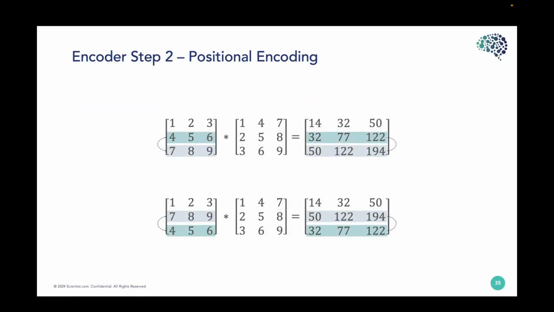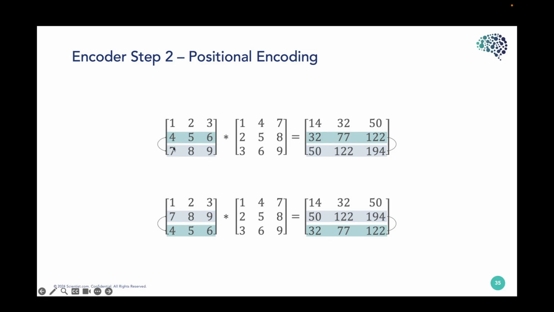Well, ultimately, the matrix math that we're doing is not inherently ordered. That might sound funny, because just looking at it, you think every vector follows the previous vector. But in the math, it doesn't really work out that way, right? So if I take two matrices here, 1, 2, 3, 4, 5, 6, 7, 8, 9, and I multiply that by 1, 4, 7, 2, 5, 8, 3, 6, 9, I end up with a matrix here.